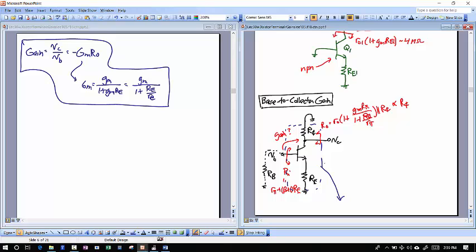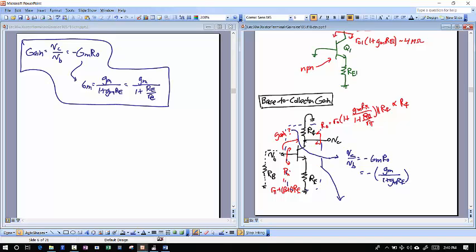If I had to take this amplifier right here and get that gain, I can just write it down now. I could say that VC over VB is just minus that GM times R naught. I know that GM here, because I have an emitter resistor at the bottom, is going to be GM over 1 plus GM times RE, and then I multiply that by all of the resistance I see at this node right here, which is R naught.